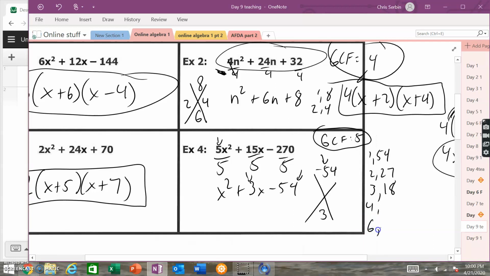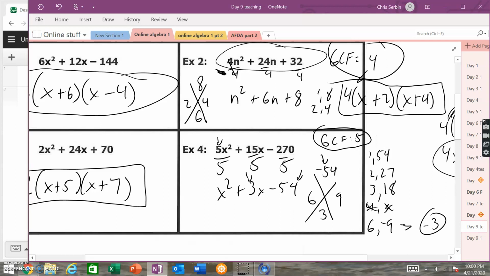And so I go to 6. And then I go 6 and 9. Well, when I combine those, if I make 9 negative, I get negative 3. This means I'm close. I have at least a 3, so I'm going to put 6 and 9.